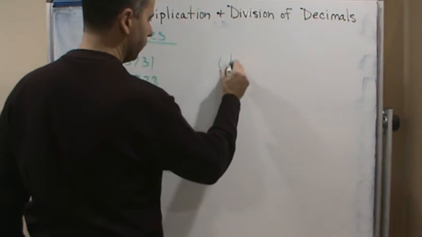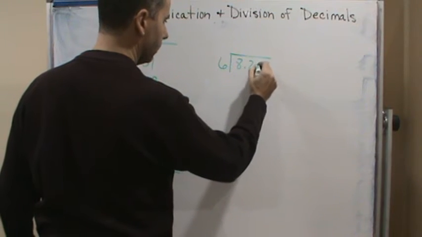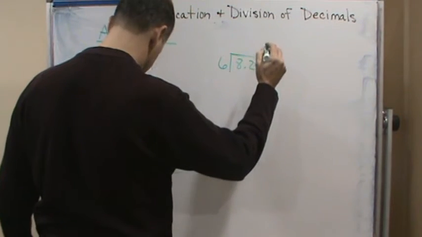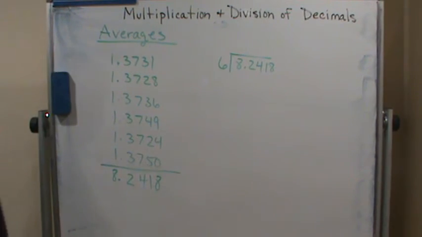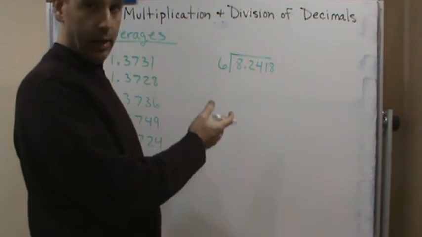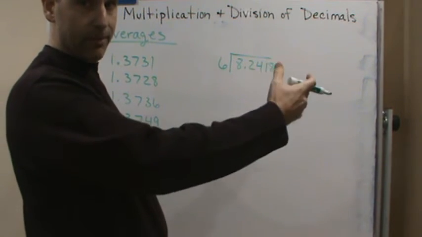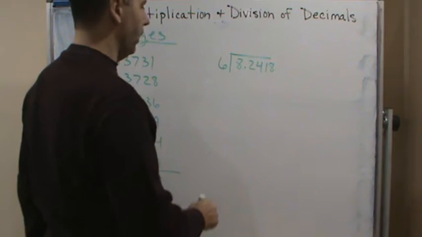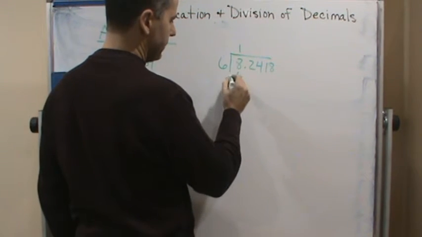So now we're going to do 8.2418 divided by 6. And so now we're just going to go out to 4 decimal places. We'll round to 4 decimal places. So we're going to go out to 5 and then we'll round to 4. So 6 goes in 8 one time, and so that's going to give us 6.